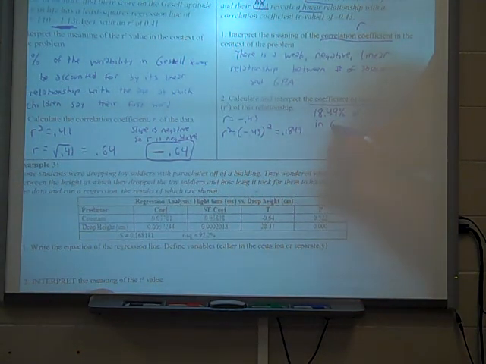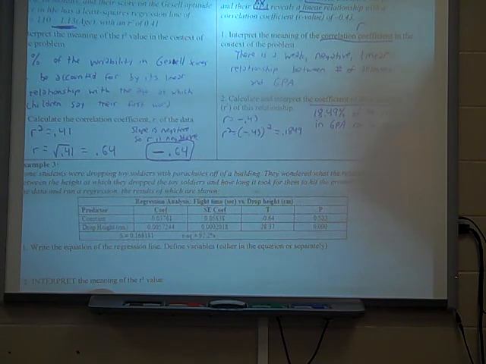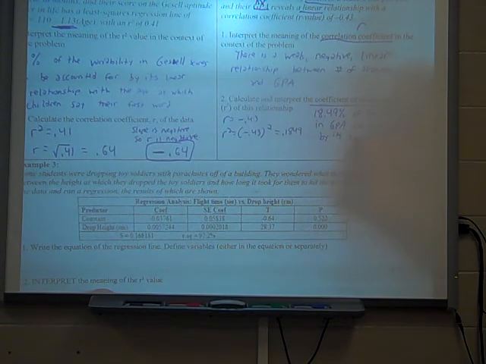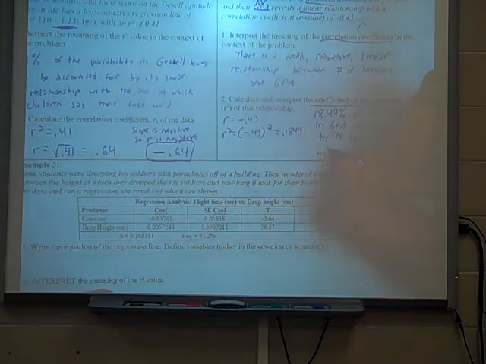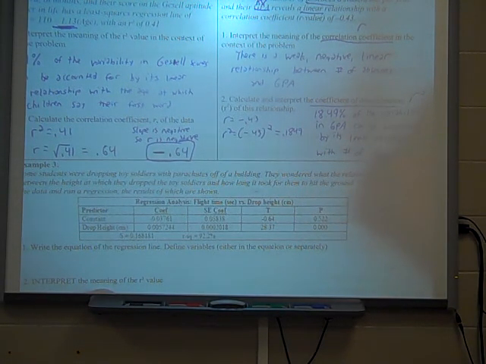Variability in GPA can be accounted for by its linear relationship with number of absences per year.